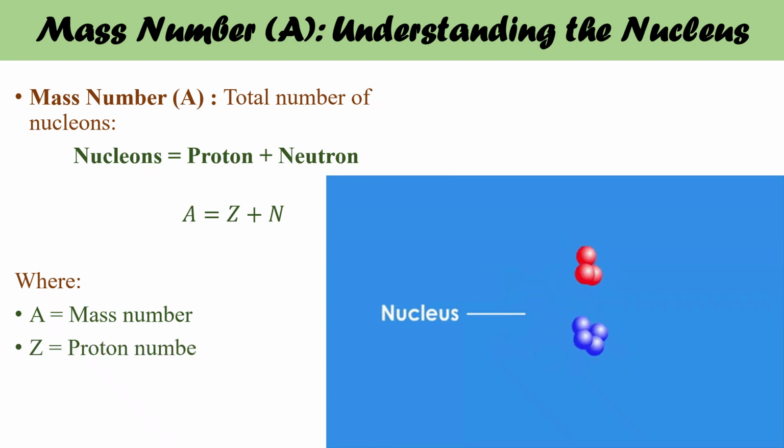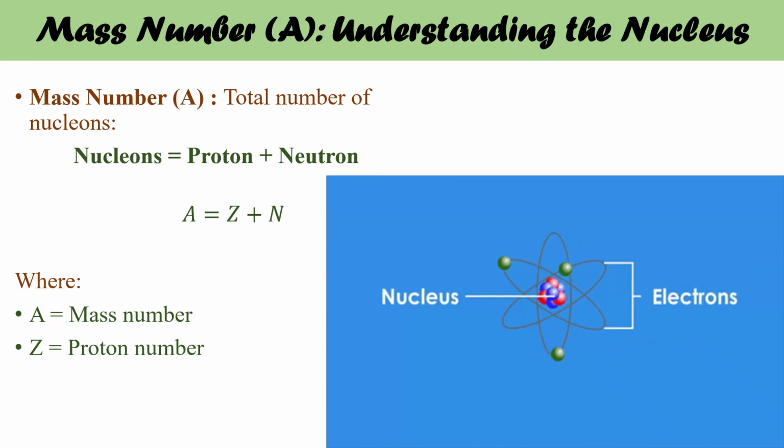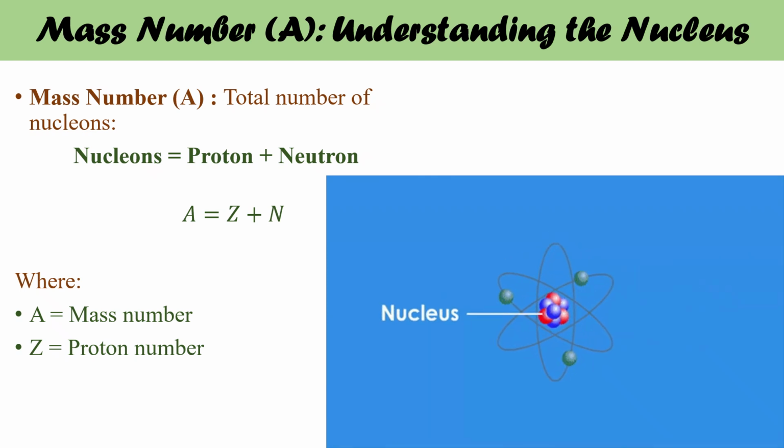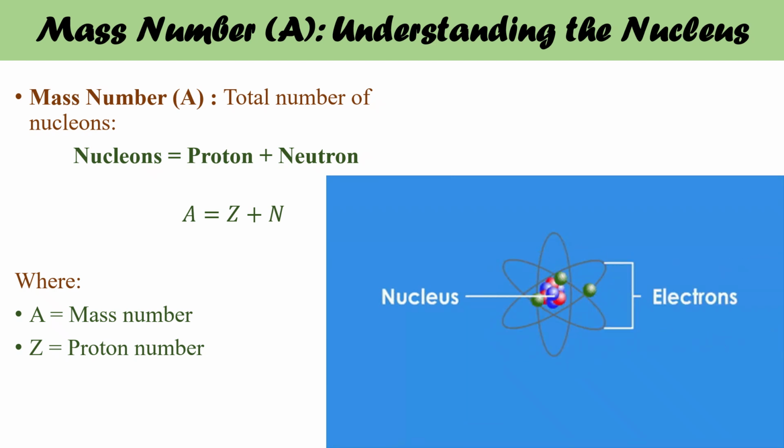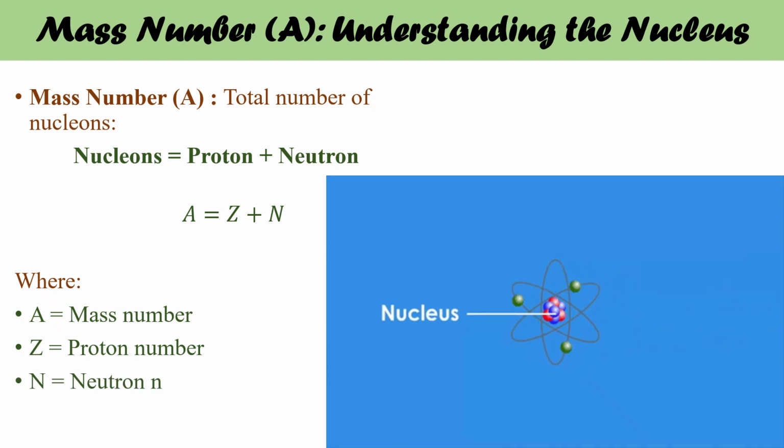It represents the total count of heavy particles inside the nucleus. When the neutron number changes while the number of protons remains constant, this creates different forms of the same element, which are called isotopes.